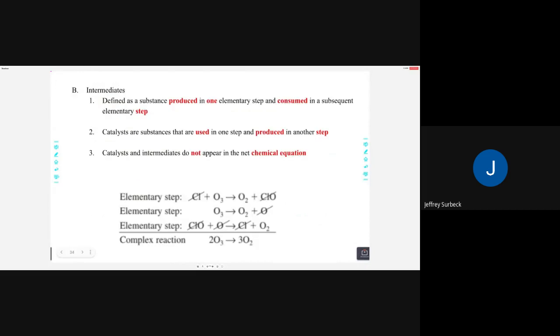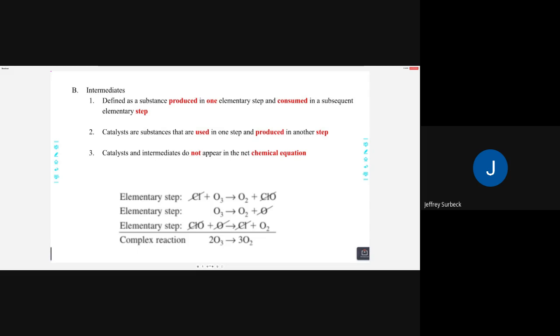In a reaction mechanism, we typically have two things. One is an intermediate, which is formed in one step and used in another. The other is a catalyst, which is shown in one step and then later produced in an additional step. But both of these things are not in the overall equation. So check this out.